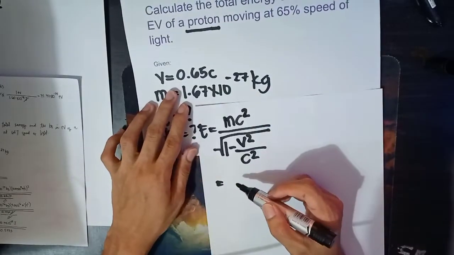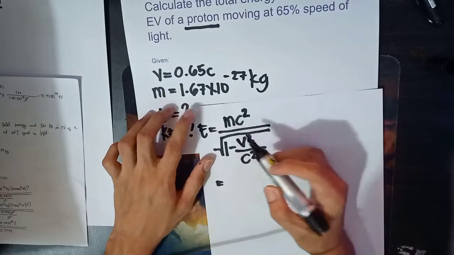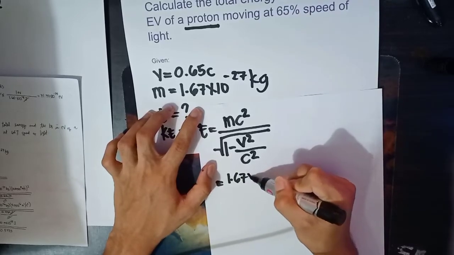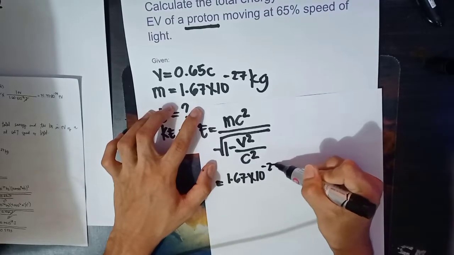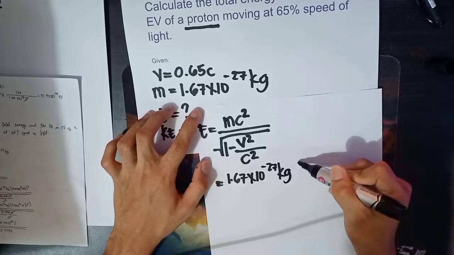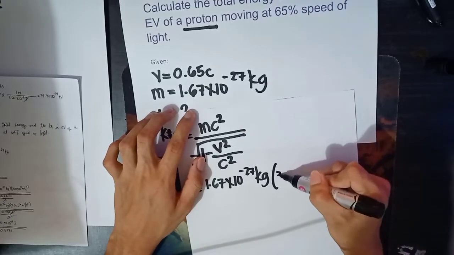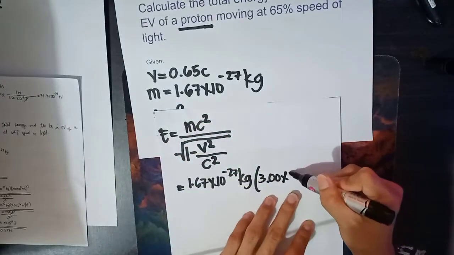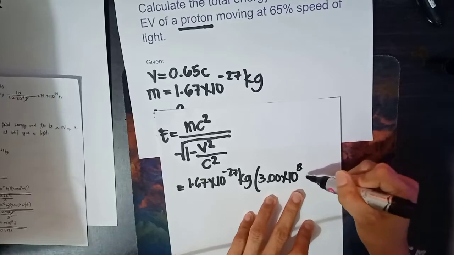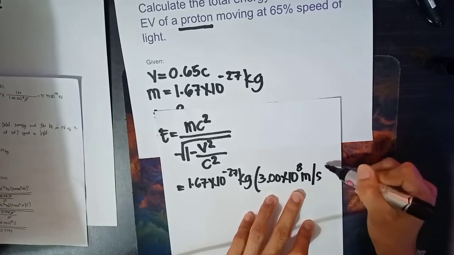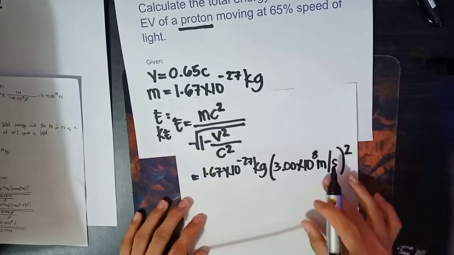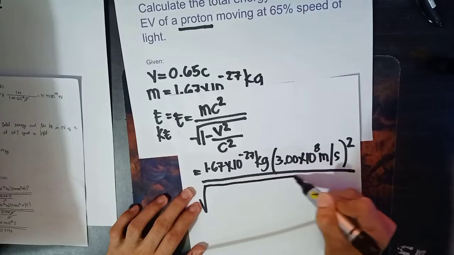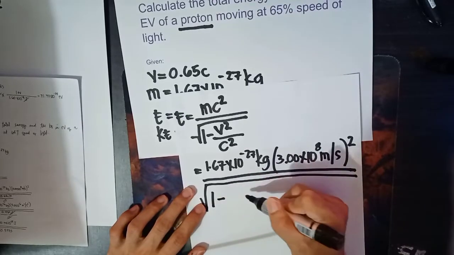We have the mass, which is 1.67 times 10 raised to the power of negative 27 kilogram, multiplied by the speed of light, 3.00 times 10 raised to the power of positive 8 meters per second, and we square that, divided by the square root of 1 minus v squared.